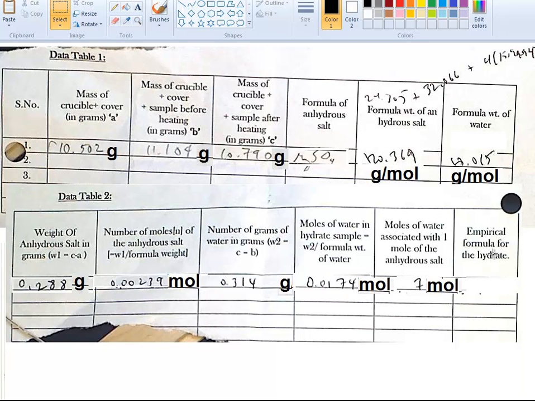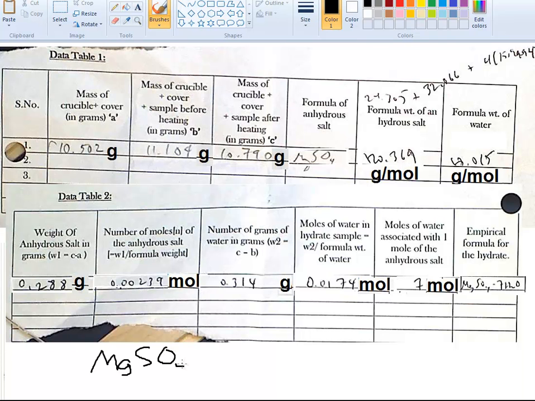The empirical formula for the hydrate, this is just done with a dot. Here, I'll show you. MgSO4 dot 7H2O. Is that illegible? Here, let me do that down here for you at the bottom here. MgSO4.